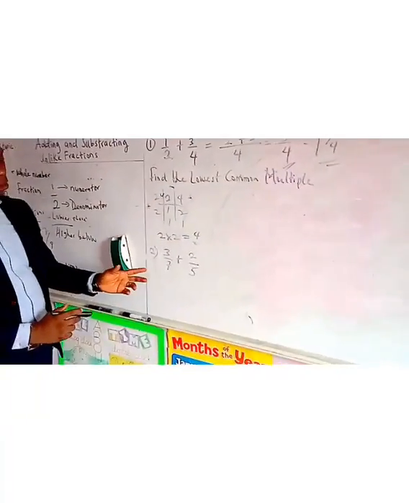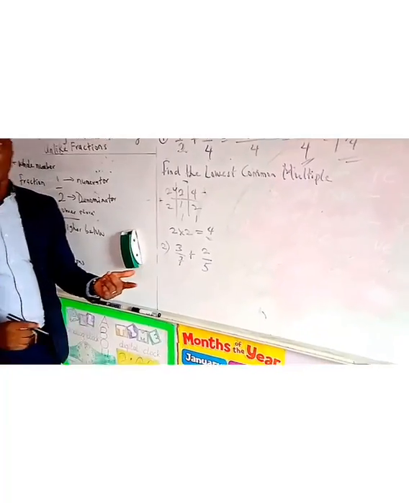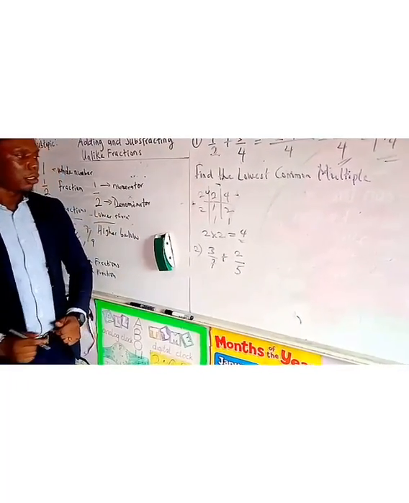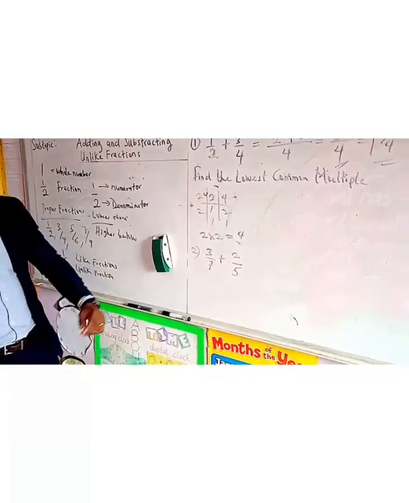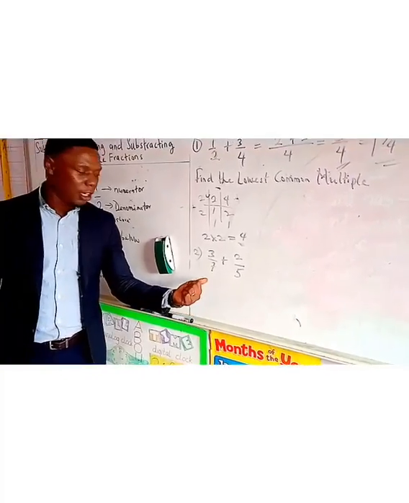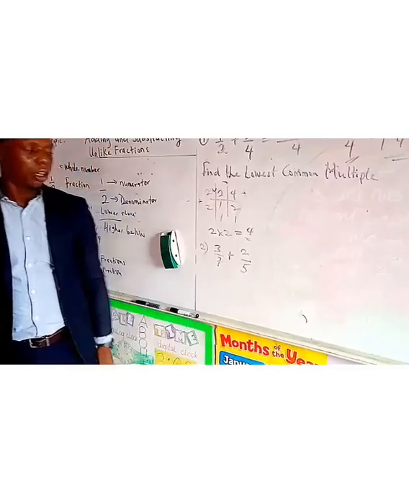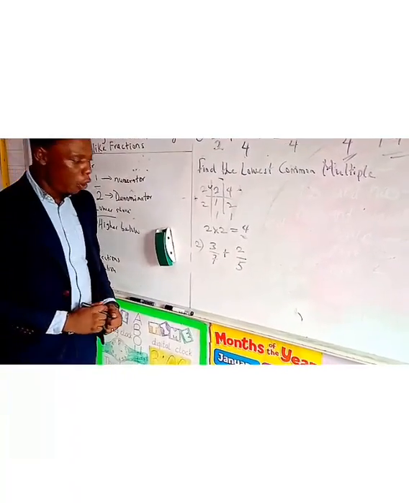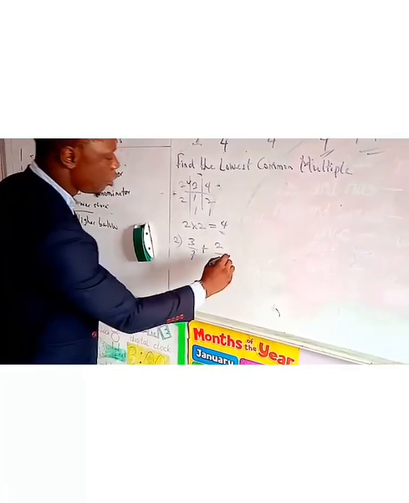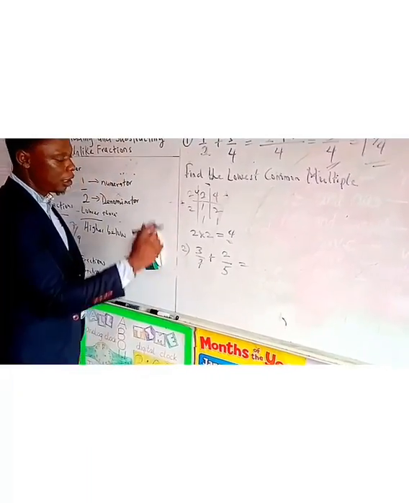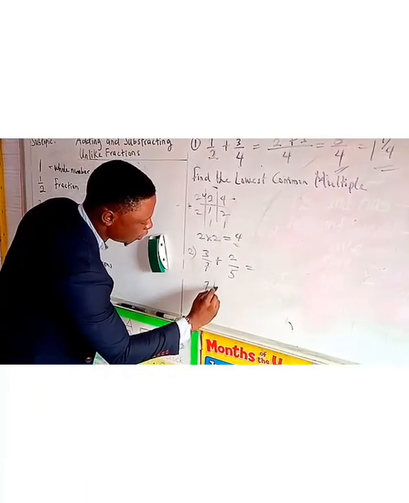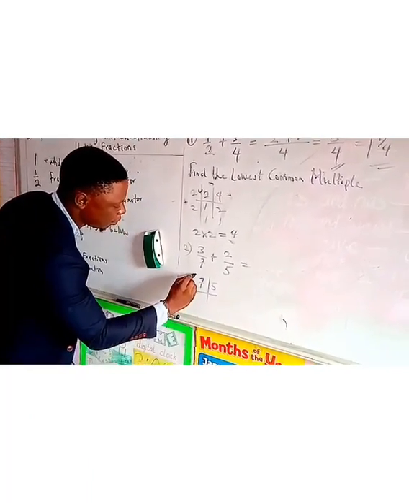If you are a fast mathematics student, it's easy to just multiply both denominators to get your lowest common multiple. Or if you're not sure of yourself, you still go and find the LCM. You go 7 and 5.